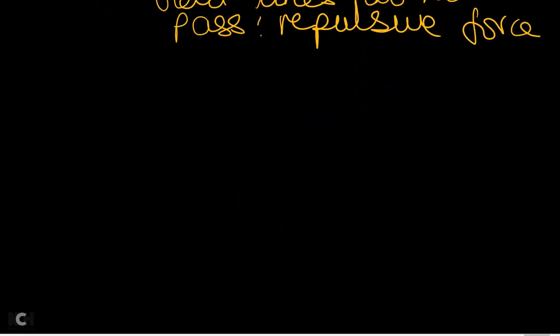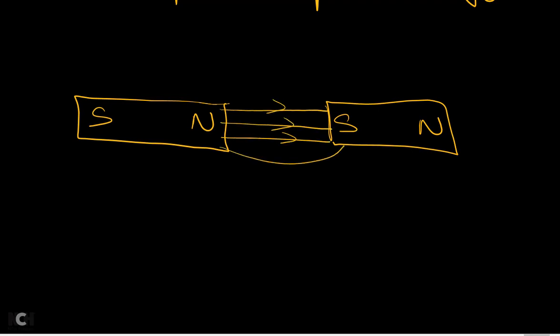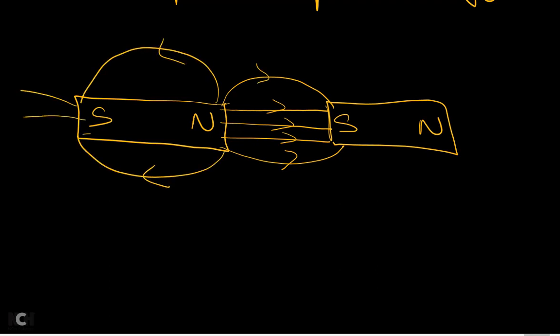Right? And here, if you look at having opposite poles, like if you have a north to south here, and you have a south and a north here, the field lines go out of the north into the south. And when field lines tend to follow each other, that is how you end up having a force of attraction.